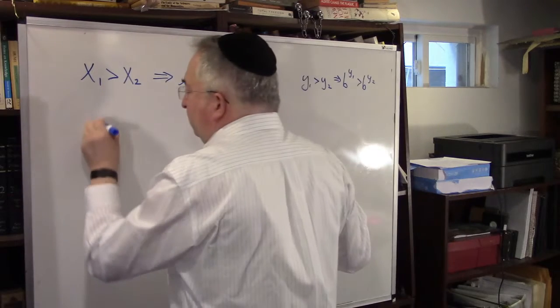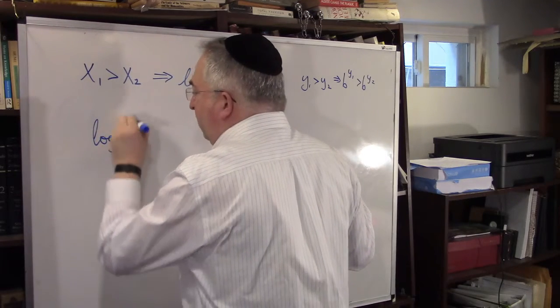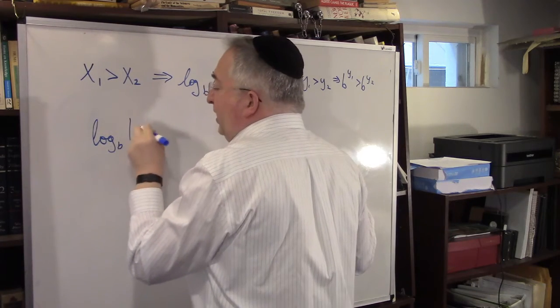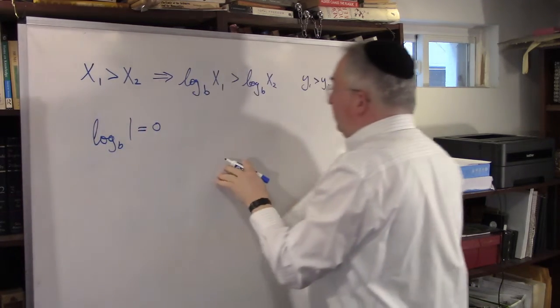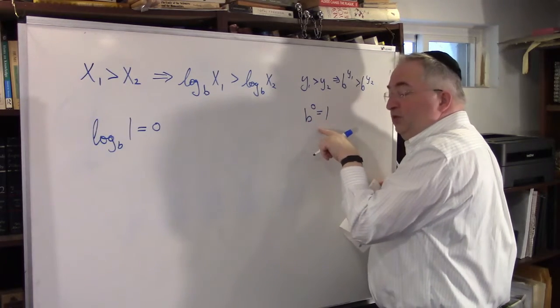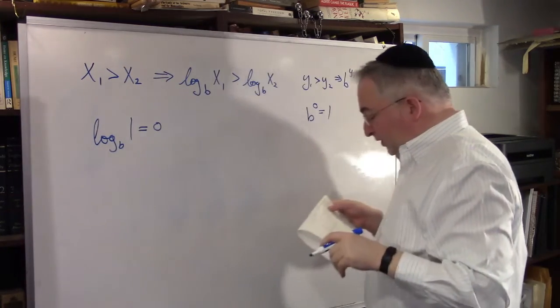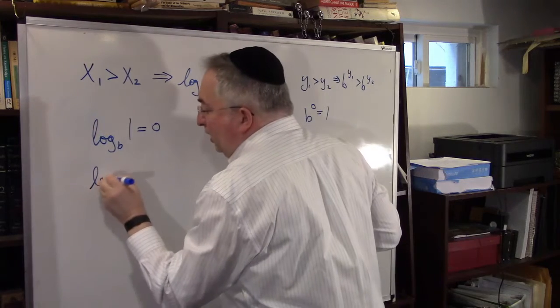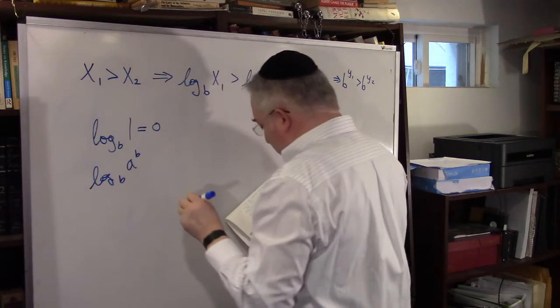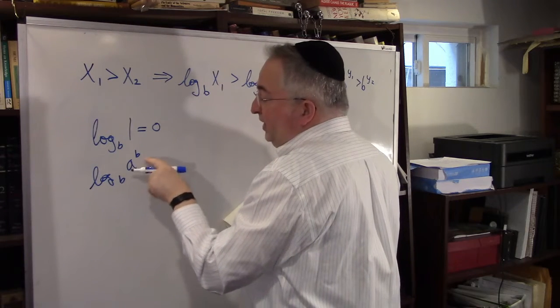Okay, log base b of 1. What do you have to raise b to in order to get 1? Answer 0. Well, it's the same thing as b to the 0 is equal to 1. That you know since 4th grade. Okay, log base b of b to the a. What do you have to raise b to in order to get b to the a?